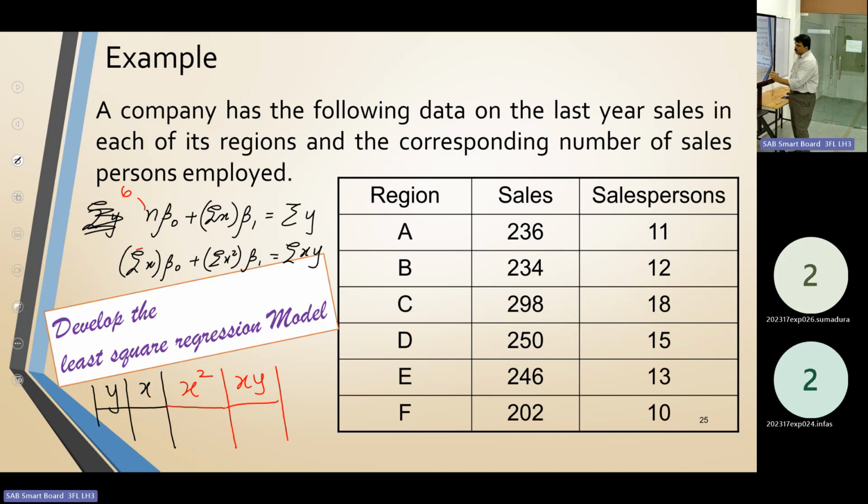So here we have 236, 11. This is 11 squared, 121. This into that, so come here. Likewise, you get all the individual values and add them.